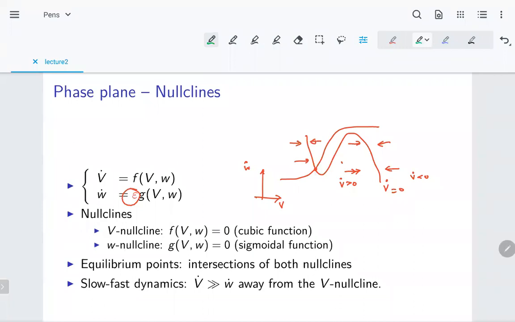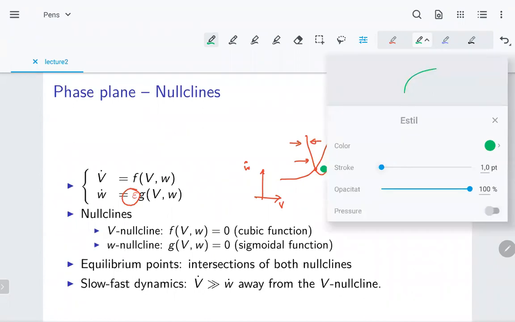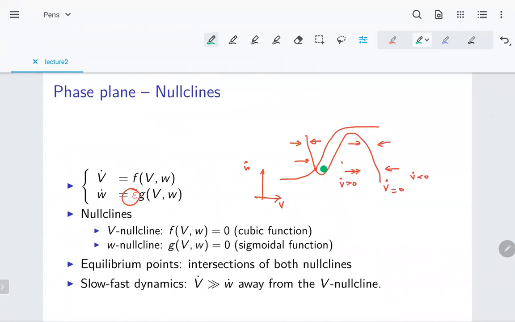So this is the equilibrium point. If we do a brief perturbation and we increase the voltage a little bit and move up here, the dynamics brings us back to the equilibrium point.